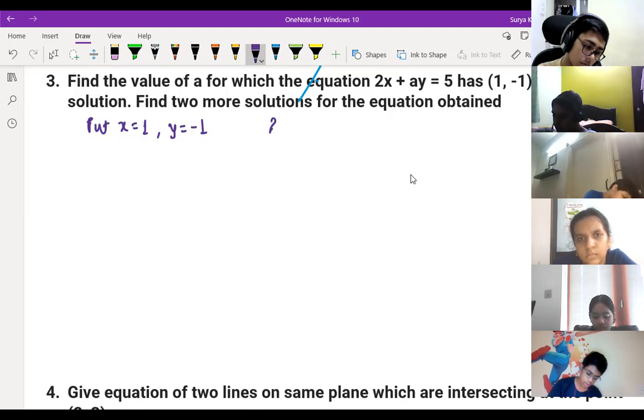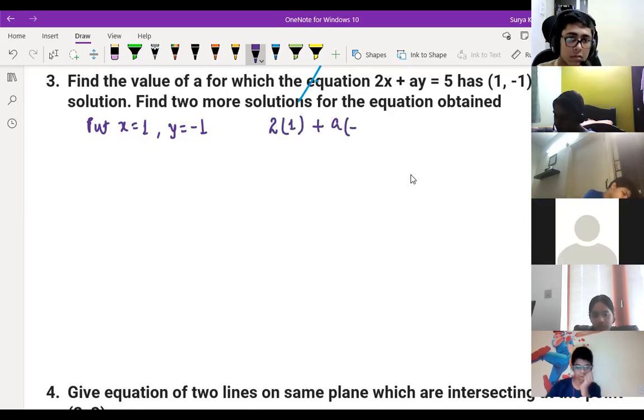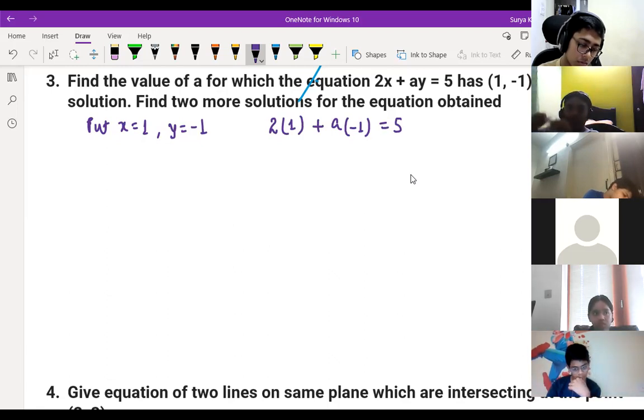So 2 into 1 plus a into minus 1 is equal to 5. Sir, minus a is equal to 3. But we have to find a, not minus a. So a is equal to minus 3.